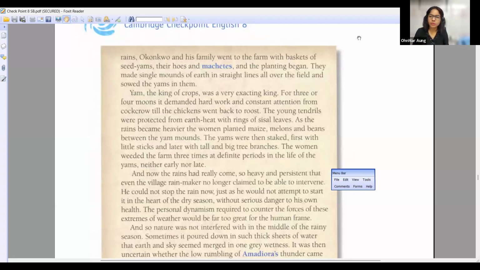The last one. Do you think it is true or false? What is your opinion? Harvesting, cutting, less demanding than planting. I think true. It is true. Why? Then tell me why. Most students are confused.